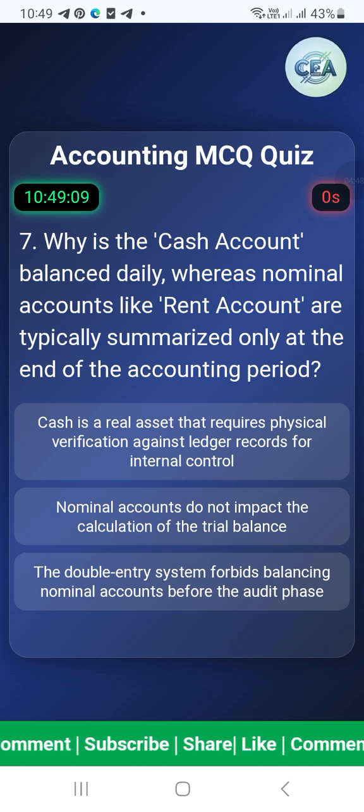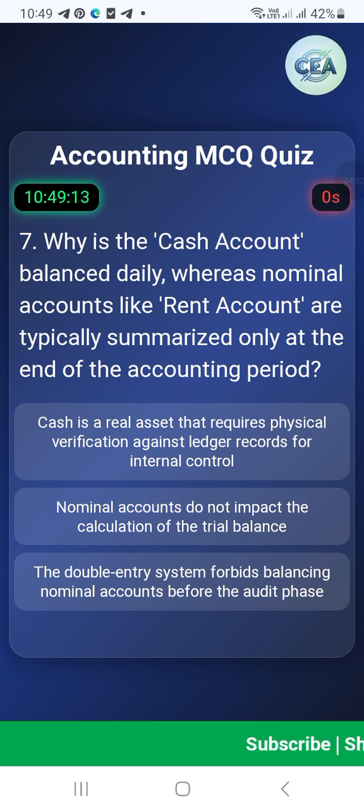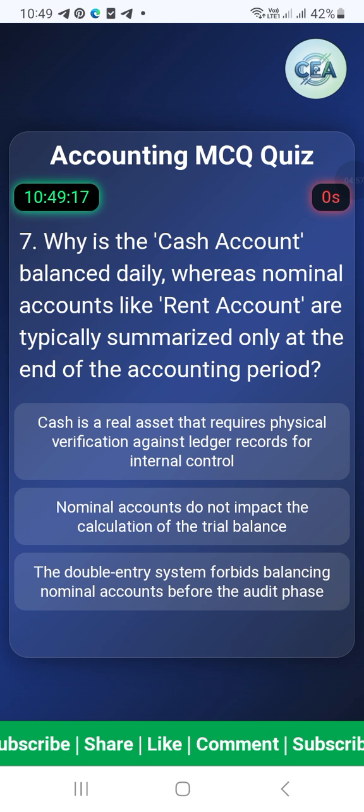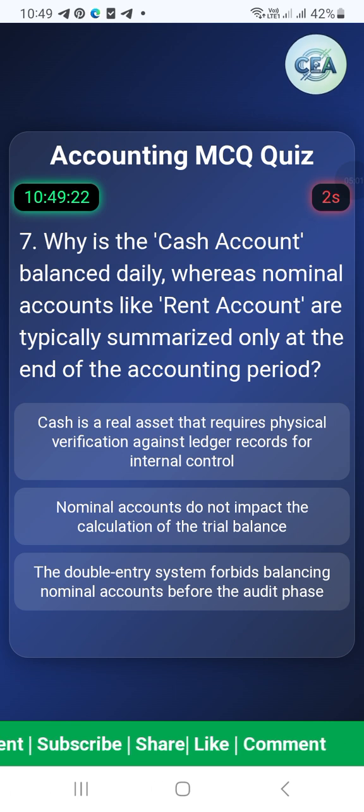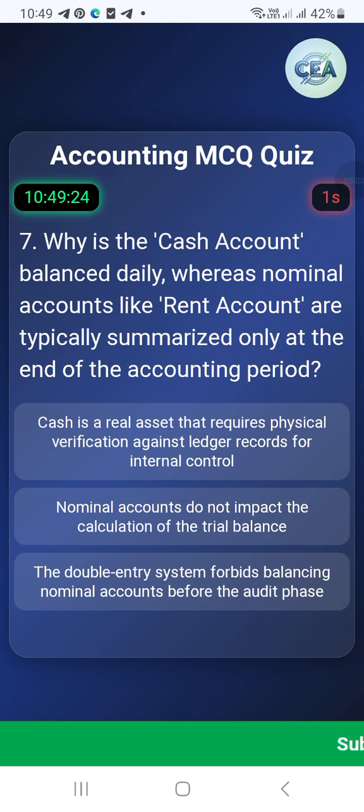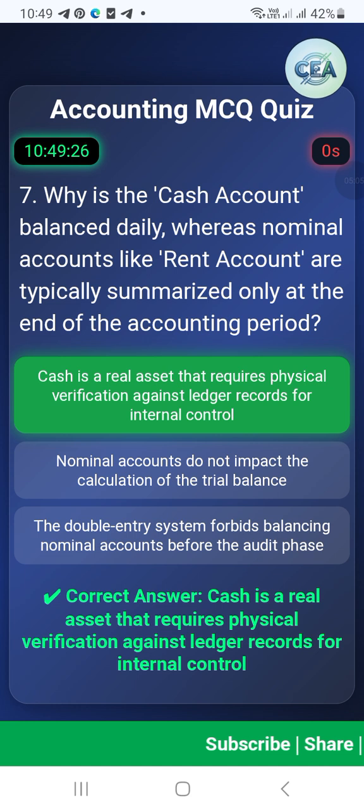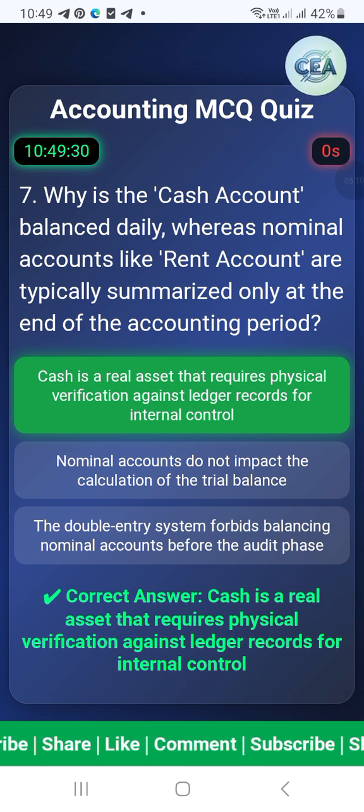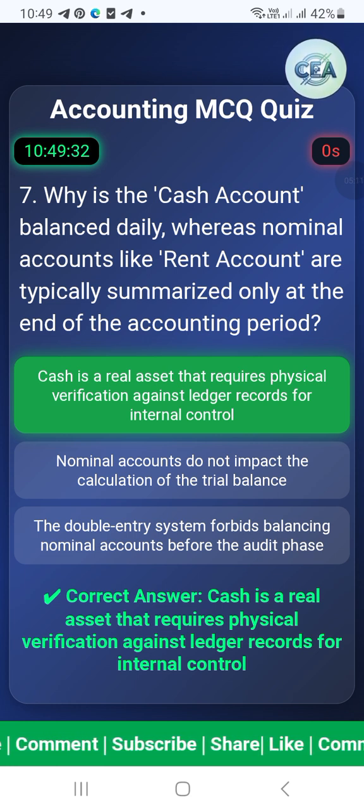Nominal accounts do not impact the calculation of the trial balance. Option 3. The double entry system forbids balancing nominal accounts before the audit phase. Correct answer is: cash is a real asset that requires physical verification against ledger records for internal control.